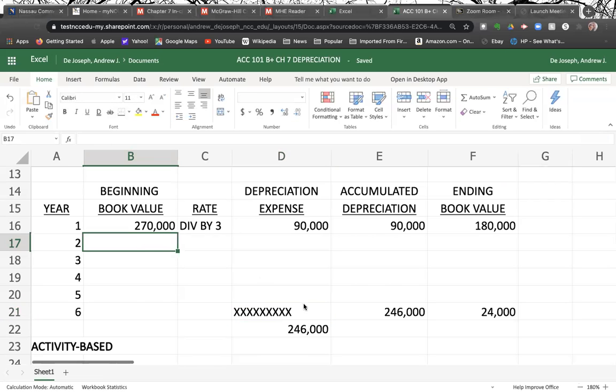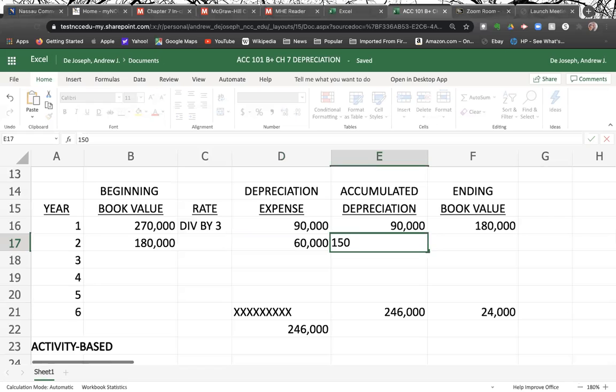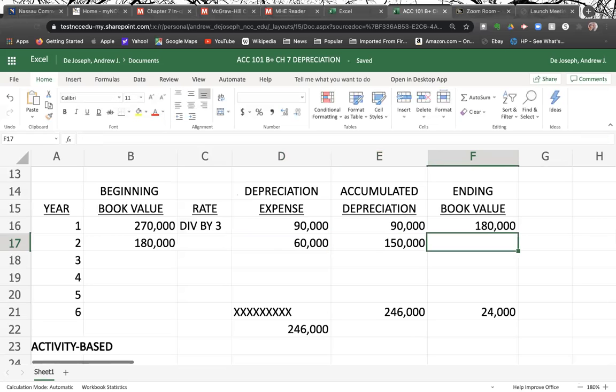So now, what's the book value to begin year 2? It's 180. 180 divided by 3 is 60. 90 plus 60 is 150. And 270 minus 150 is 120.